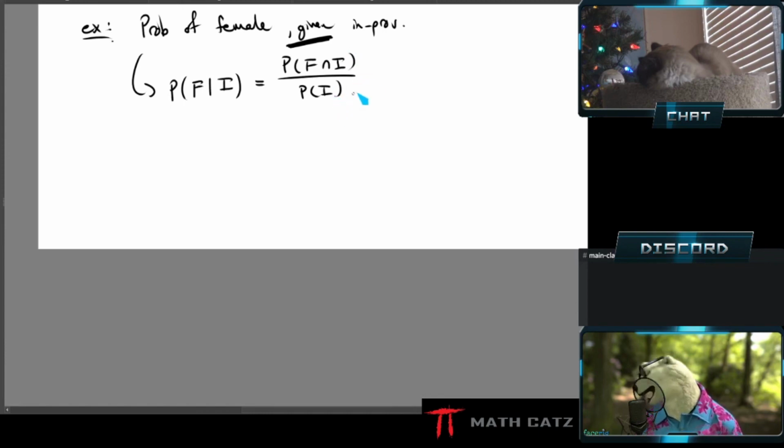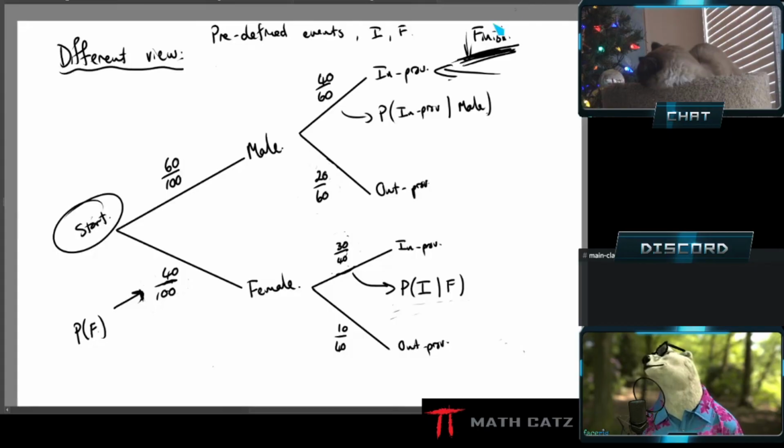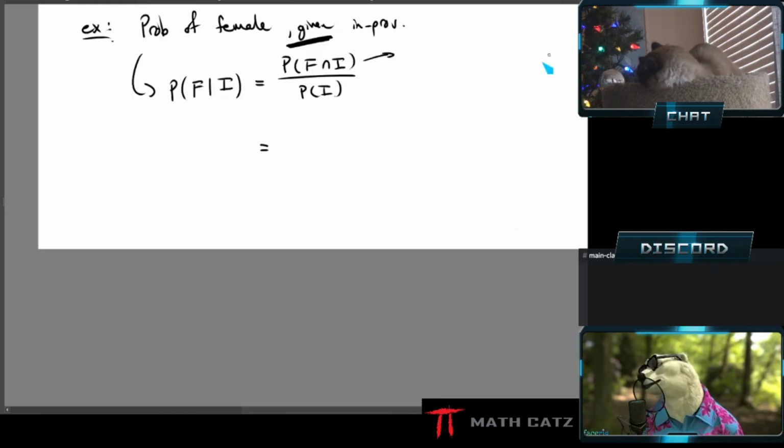But now at least I have a chance. Now I can write some descriptions up there. Ooh, this one, female and in province. This is the path, female and in province.